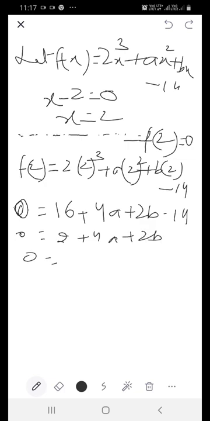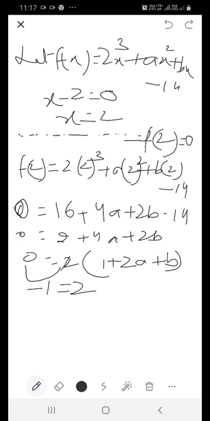You can take 2 common: 2 times 1 plus 2a plus b. And when you divide 0 by 2, it will again be 0. So transpose 1 to the other side, it becomes minus 1 is equal to 2a plus b. This is your first equation in terms of a and b.